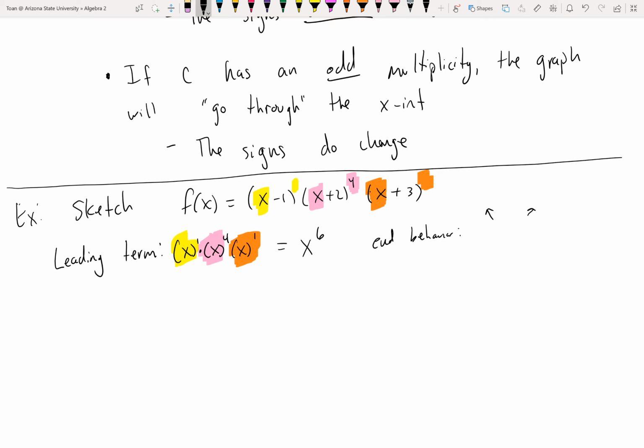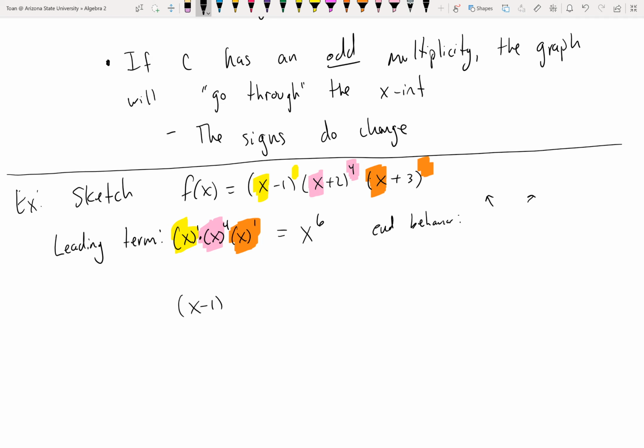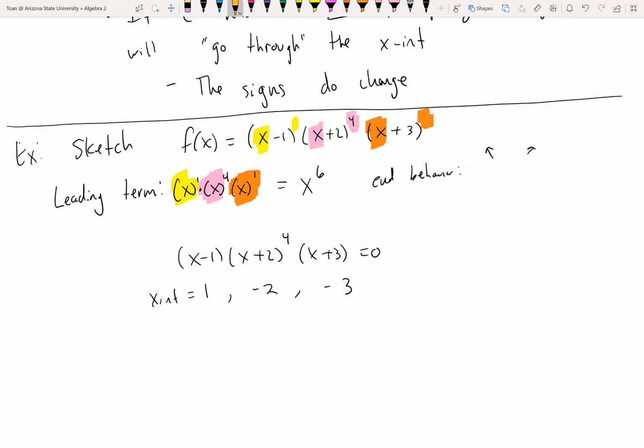Next, I have to figure out what my x-intercepts are. Now, I hope it's not hard to see that with an equation like this, my x-intercepts are 1, -2, and -3. But even more important than what the x-intercepts are are the multiplicities.